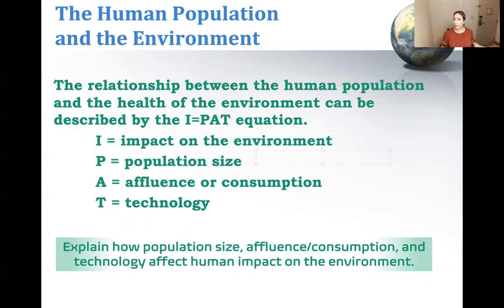That goes to areas of India and China. But people in the US consume a lot more than people in, say, India. So even though our population size is smaller, we consume more. So our impact would be very similar to the impact of another country with a higher population.